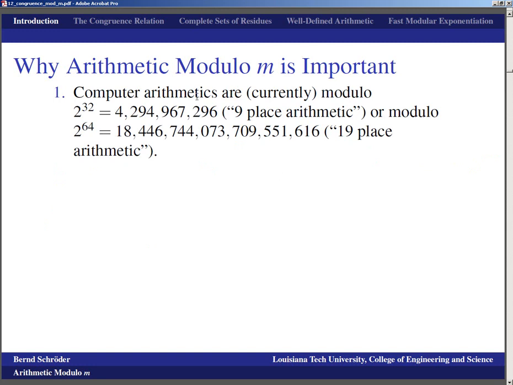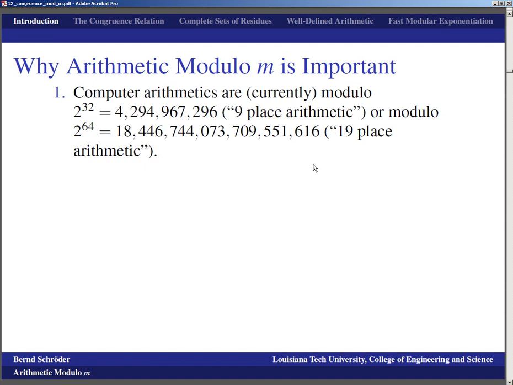Well, so basically, computer arithmetics currently are modulo 2 to the 32, which would be a 9-place arithmetic, and well, yeah, that's what 2 to the 32 is. Or they are modulo 2 to the 64, which is a 19-place arithmetic as long as you're working with what is called unsigned integers.